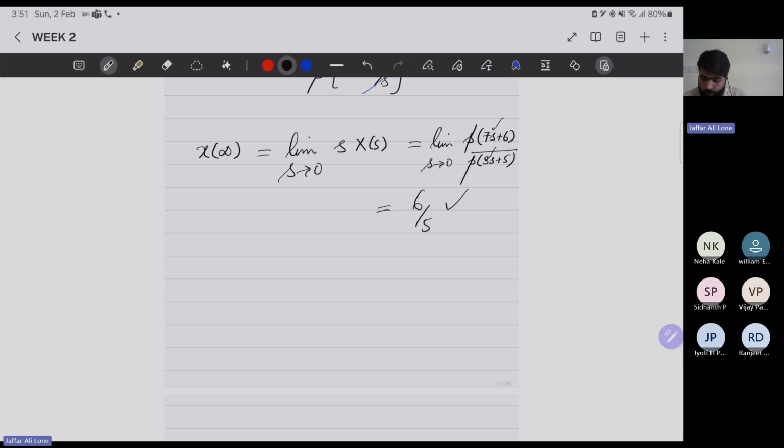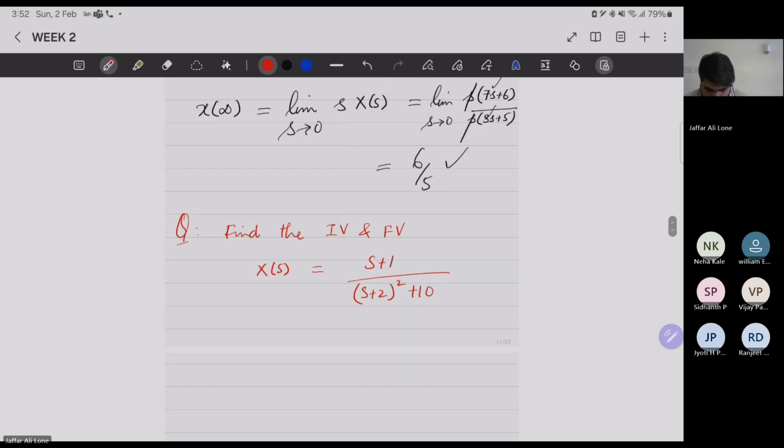So now, if you have understood, can you please solve this question? Find the initial value and final value using the initial value and final value theorem if Xs is s plus 1 divided by s plus 2 whole square plus 10.